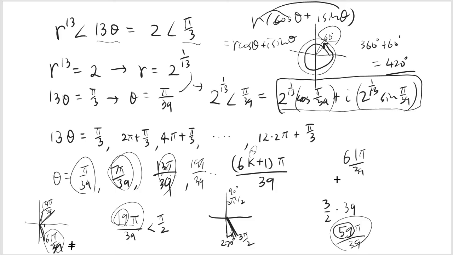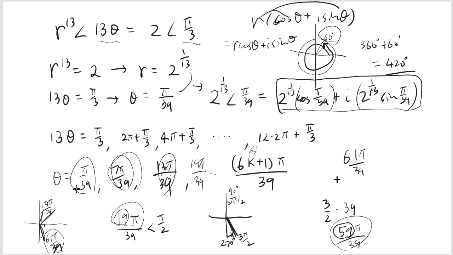So that's another way to do it. If you don't understand what I'm doing here, it's best to just calculate all these and look at the positive ones. If it's not in the first quadrant or the fourth quadrant, you don't have to do it.